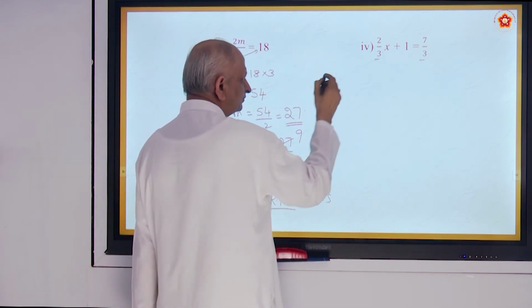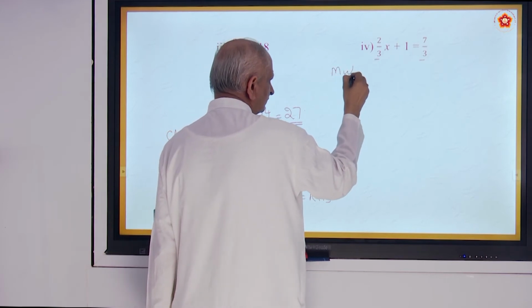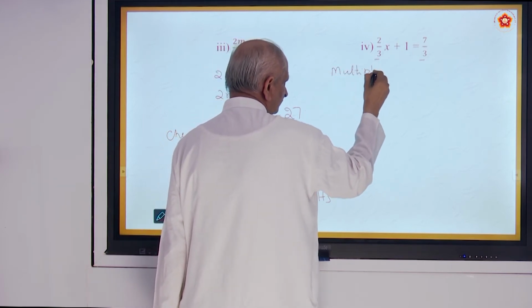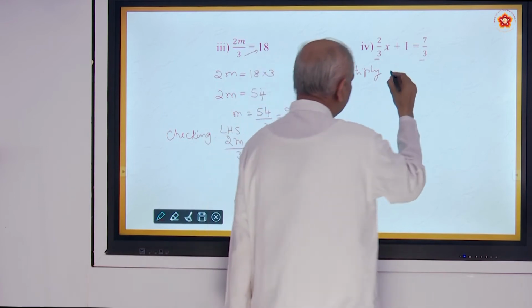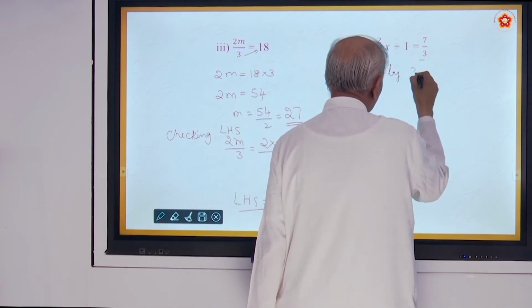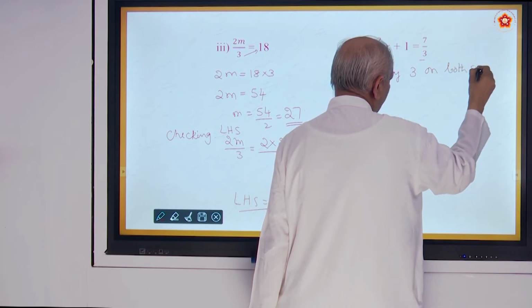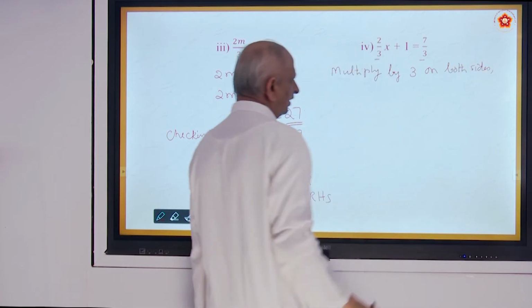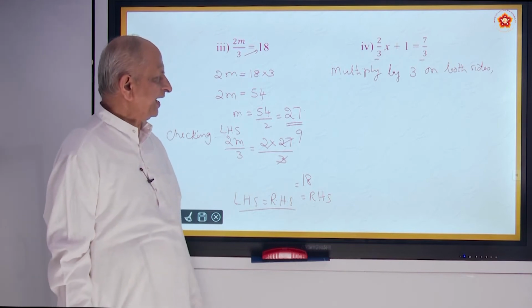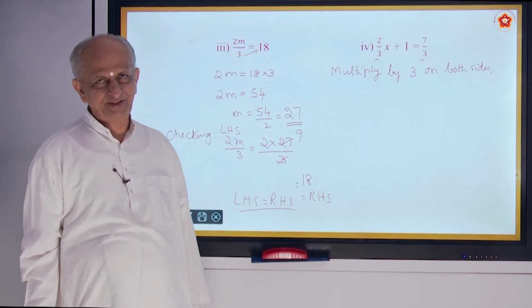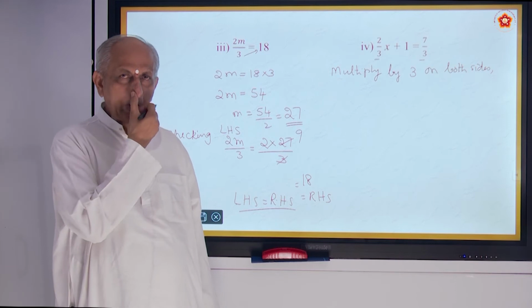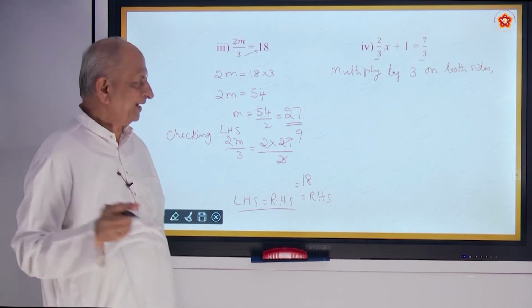Now, what is the denominator here? LCM is 3 there. So, multiply by 3 on both sides. Why you are multiplying? Because there is fraction. When a fraction is there, you have to convert it into whole numbers.